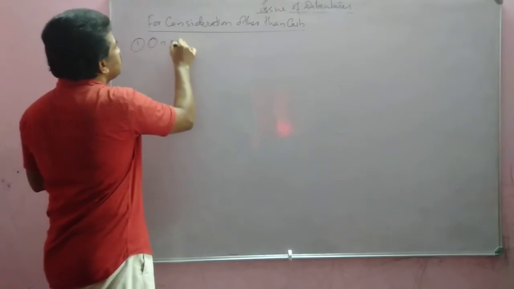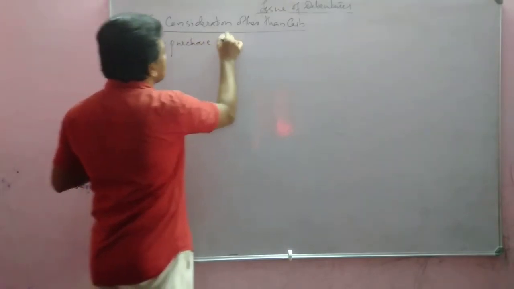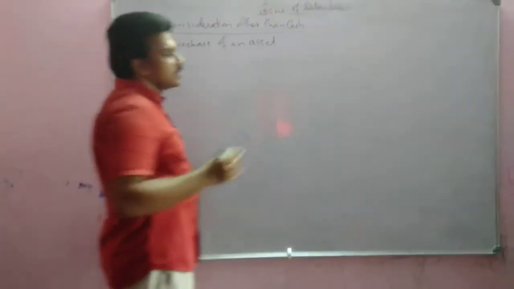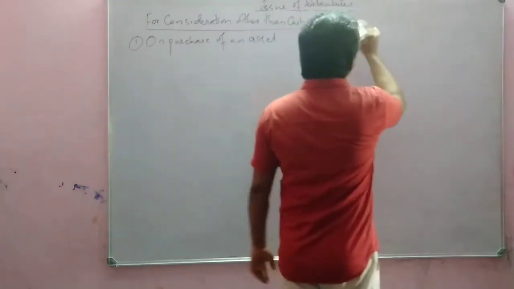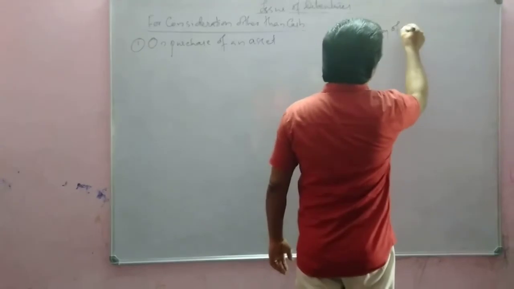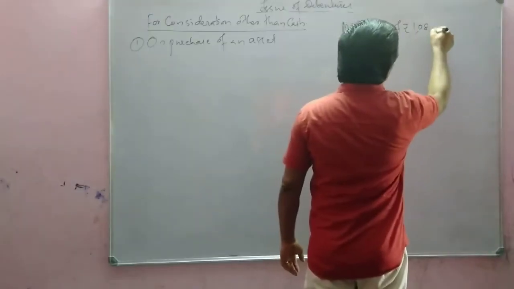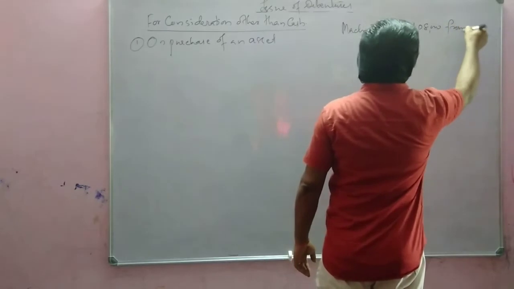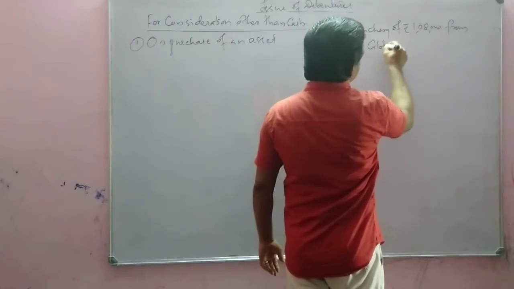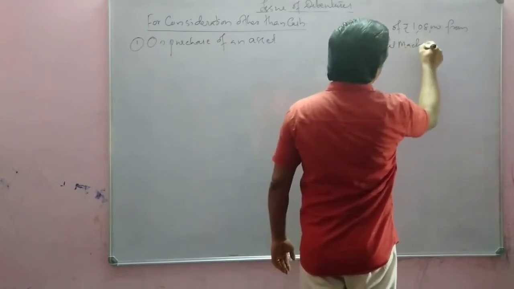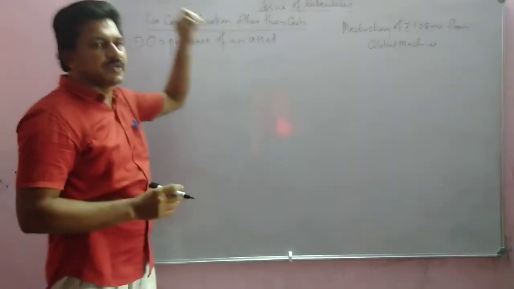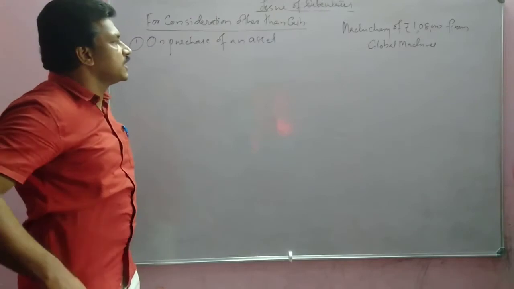On purchase of an asset. Suppose, for example, we are purchasing machinery of rupees 1,08,000 from Global Machines. Here we are purchasing the machine but not giving cash now. So what will be the journal entry?